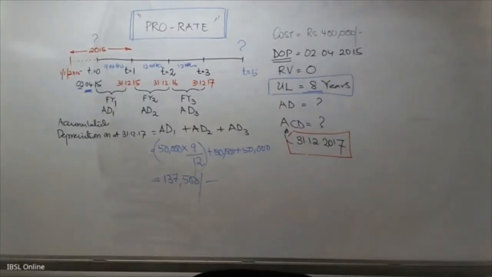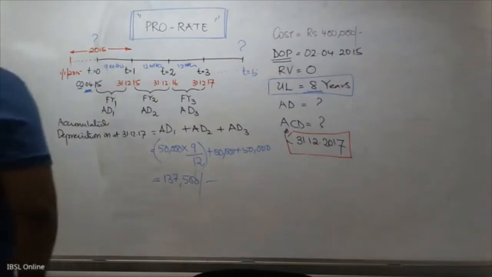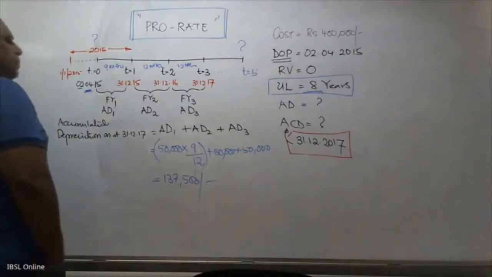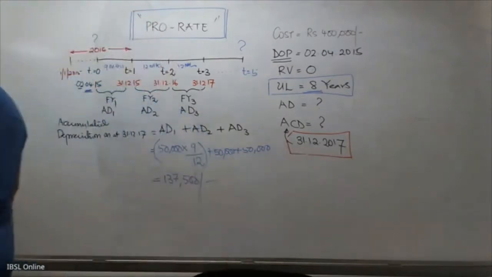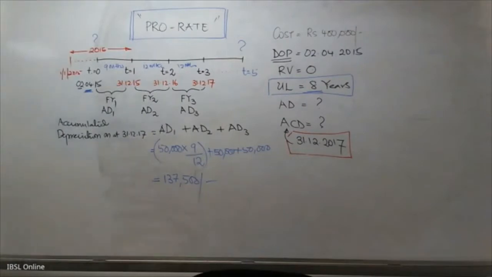Full stop. What would be the accumulated depreciation as at 31/12/2017?